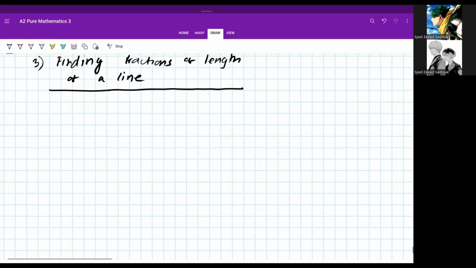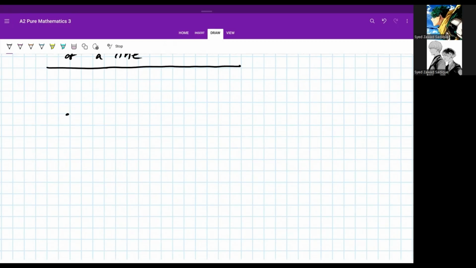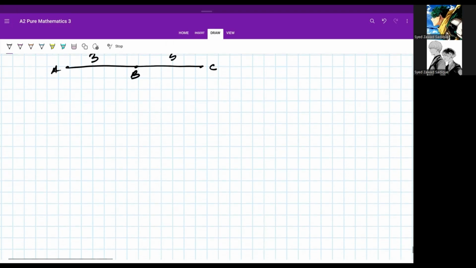For example, let's say a line ABC is 3, 5. Okay. This means AB by BC is equal to 3 by 5.